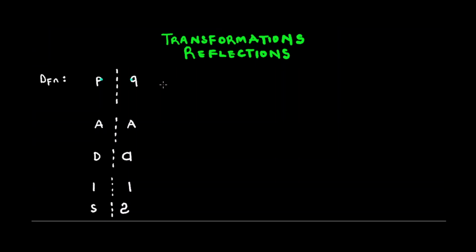Zviri kuitika but it's not that obvious. As for D it is ziso ra D unoi rakatarisana neziso ra D uyu. For I it's not obvious, but for S it is ziso ra S rakatarisana like this. So basically this is what is happening.